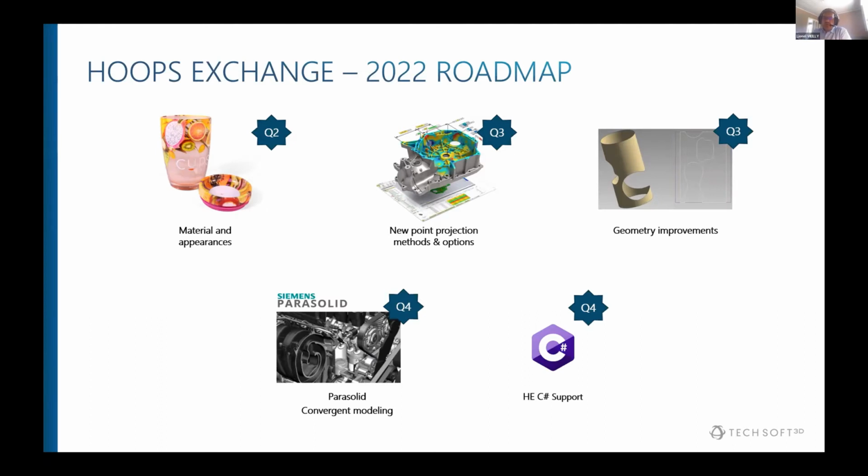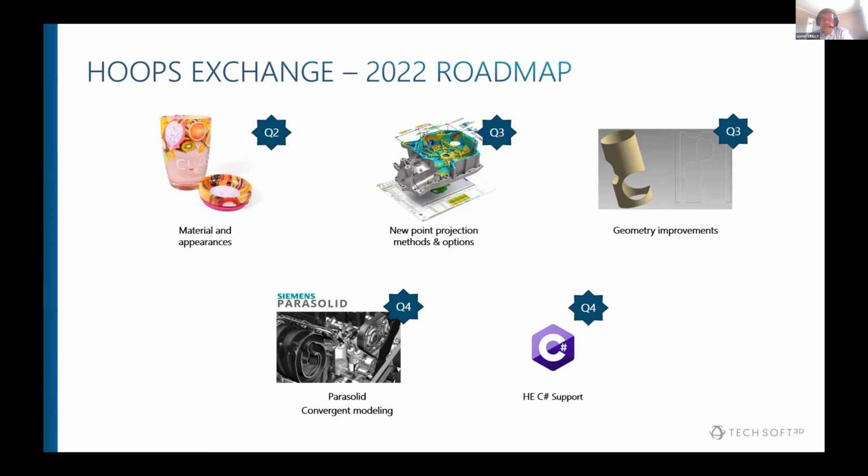Parasolid convergent modeling. Parasolid, as you may know, introduced convergent modeling more than 1 year ago. It's about designing a part by mixing exact geometric surfaces and meshed B-reps. I think it can also be called hybrid modeling, and it really makes it easier to work with imported mesh geometry, such as data coming from a 3D scanner.